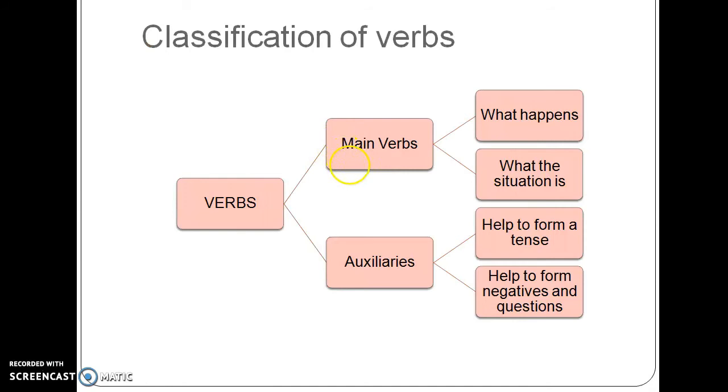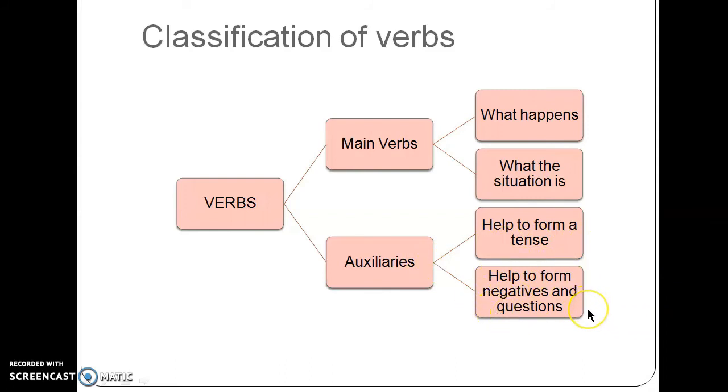They are main verbs and auxiliaries. The main verbs tell you what happens or what the situation is, and auxiliaries help you to form a tense and also help to form negatives and questions.